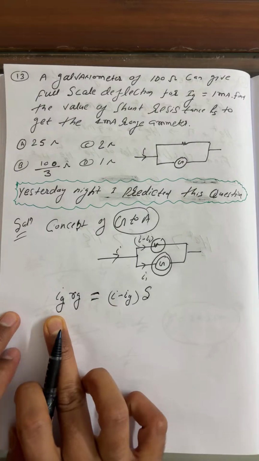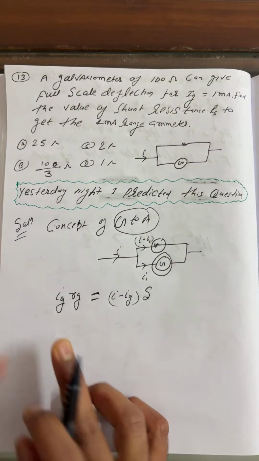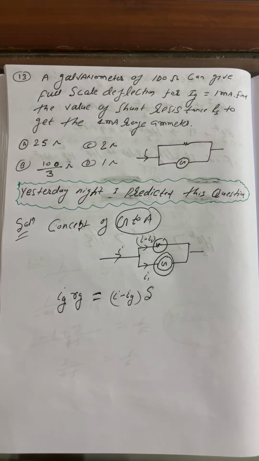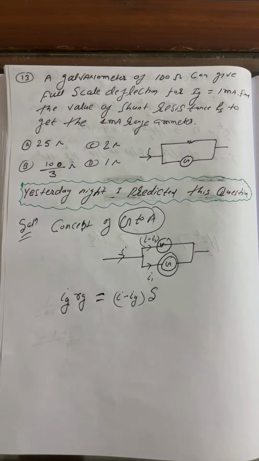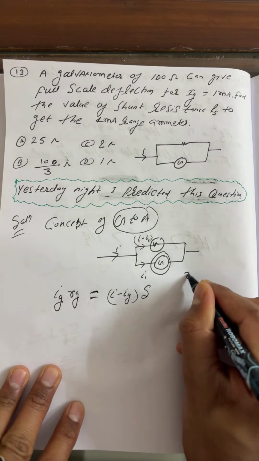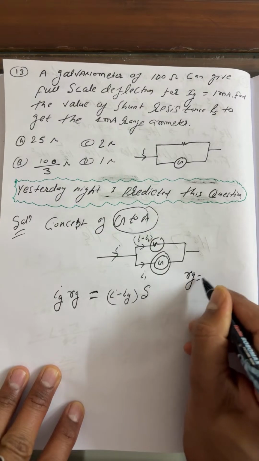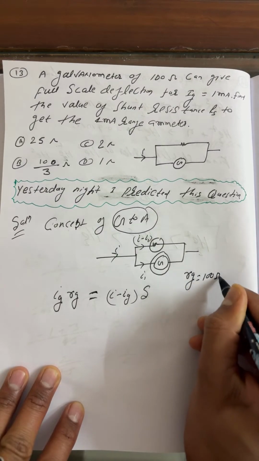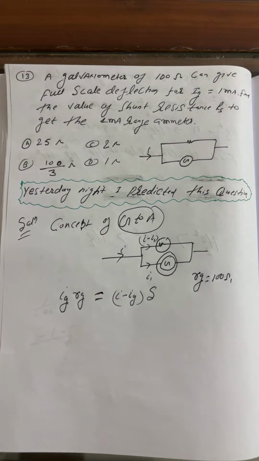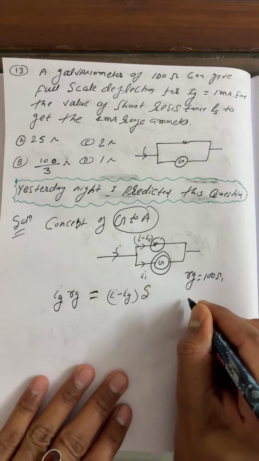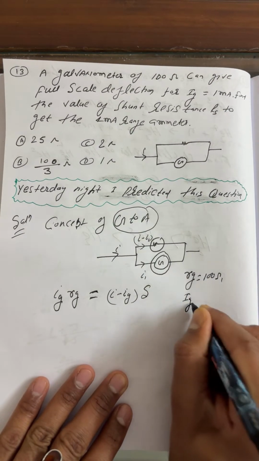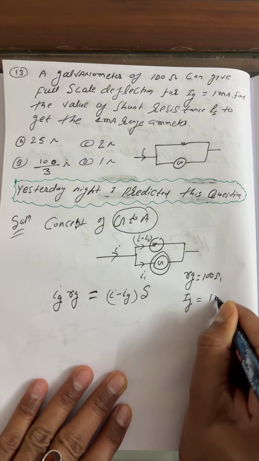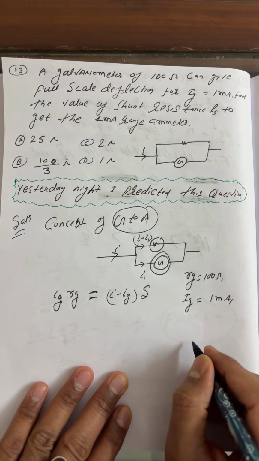Simple. Ig is mentioned in the question here. What's the question? I'll read it once. A galvanometer of 100 ohm resistance, friends, so Rg is mentioned as 100 ohm, gives a full scale deflection. So Ig is also mentioned here: this is 1 milliampere, right?